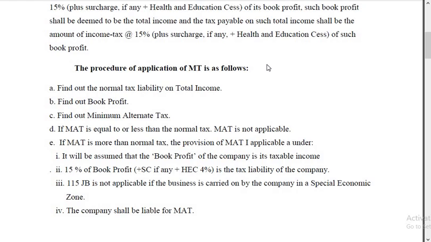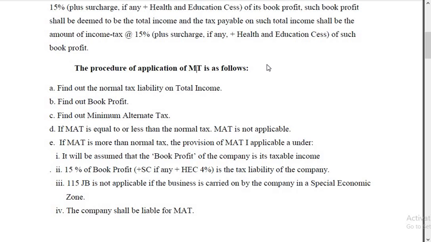Then therefrom we have to deduct deductions applicable under Section 80. So the deductions should be reduced from the gross total income. Then you will get the total income.